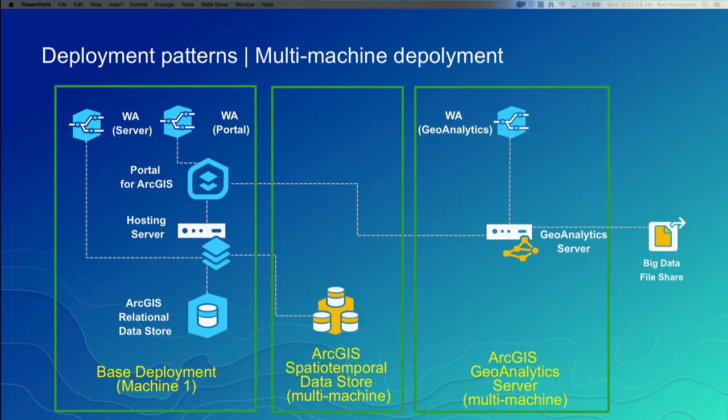So it changed to 3 spatiotemporal data stores. So you can easily install the spatiotemporal data store on additional machines, and you can join it to the site. Similarly, you can install ArcGIS Server on additional machines and add it to your GeoAnalytics Server site. Here, what I show is a 3-machine deployment, but you can scale out to as many machines as needed.